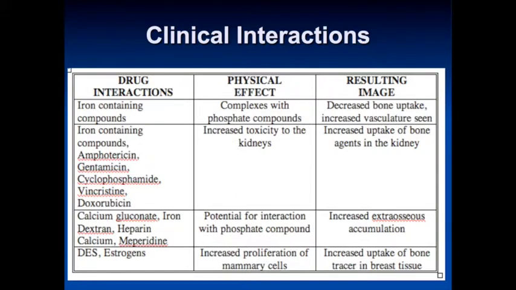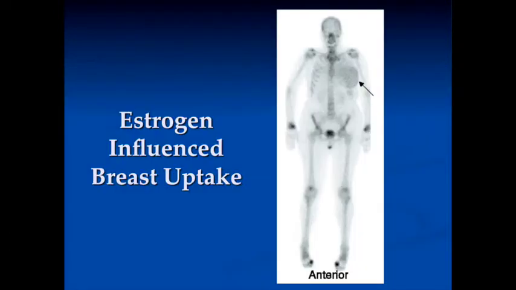Estrogens. When you give a woman estrogens, you tend to increase proliferation of the mammary cells, and sometimes we'll see some calcification, and it's actually not uncommon to have bone tracer in the breast. And you can see here this woman, she was actually coming in to evaluate metastatic spread of breast cancer, but you see that shadow on her left-hand side that you don't see on her right, and that's because the left-hand side is the original breast that was left in place.